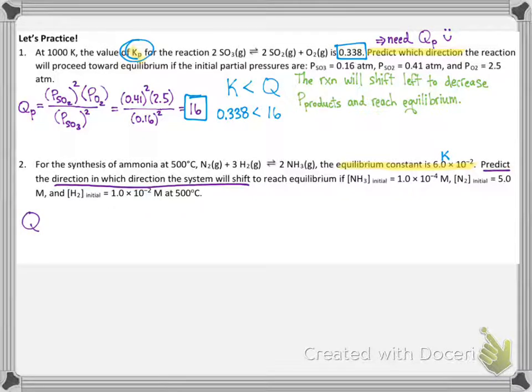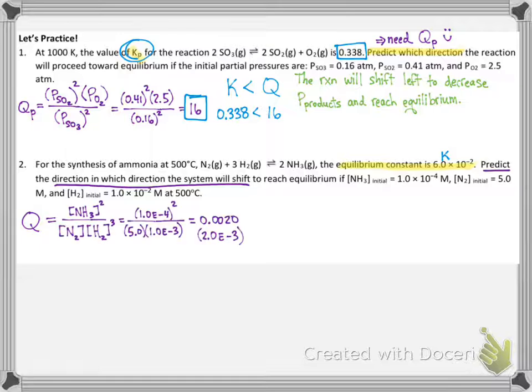The second problem is giving you, once again, the equilibrium constant and asking you to predict the direction of shift. But it's in terms of concentrations. So this time we're looking at Kc and Qc. To be honest, though, I usually don't write the c, I just call it Q. Okay, once we write out our Qc expression and solve, we get a pretty dang tiny value.